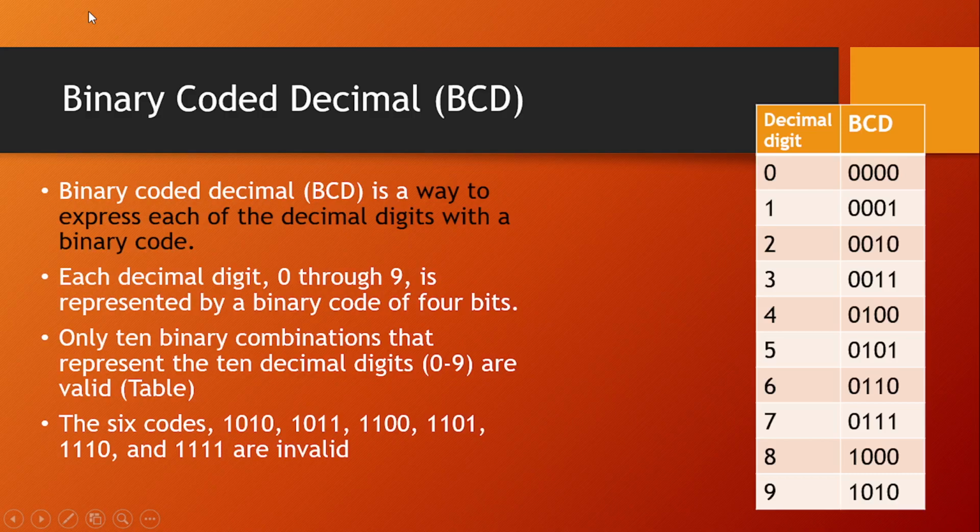In this way, in order to represent a decimal digit from 0 to 9, we have to write its 4-bit binary equivalent number. And we have to always remember that the codes 1010, 1011, 1100, 1101, 1110 and 1111 are invalid codes.